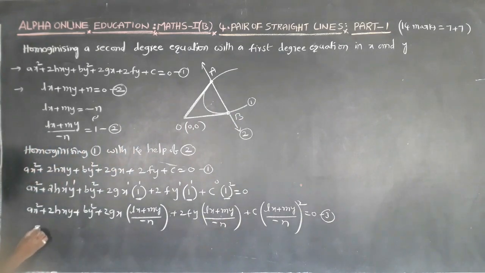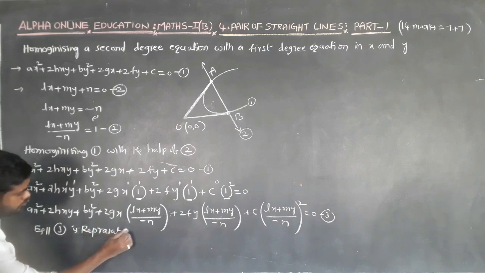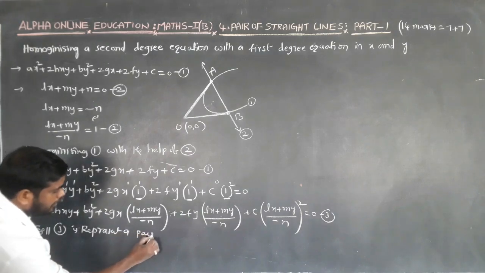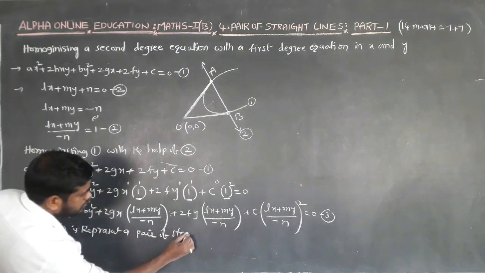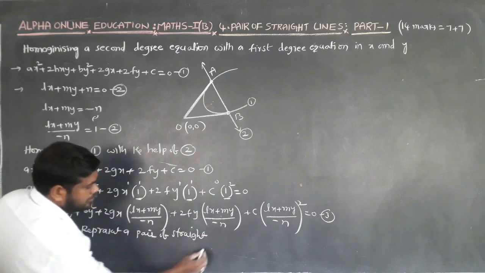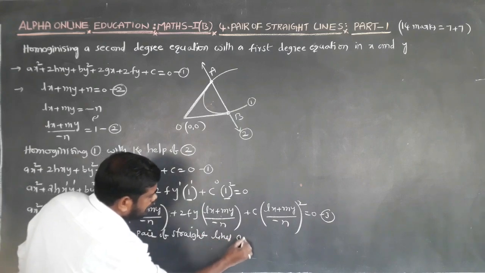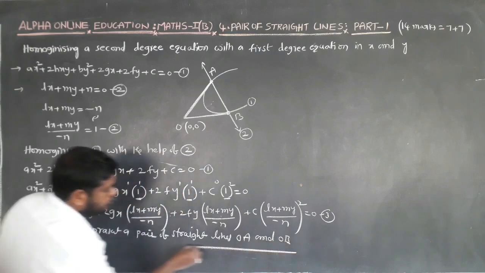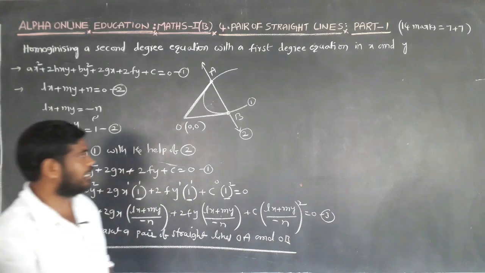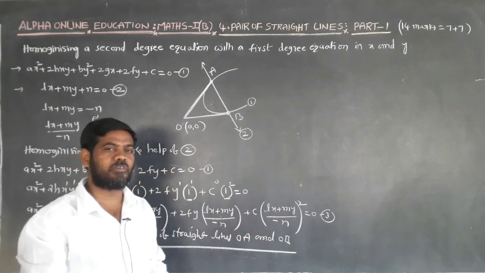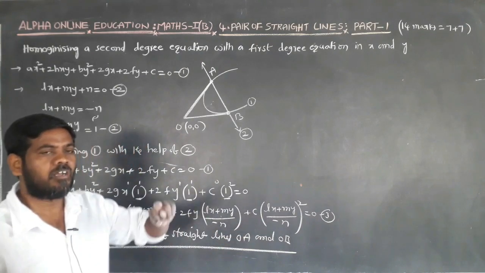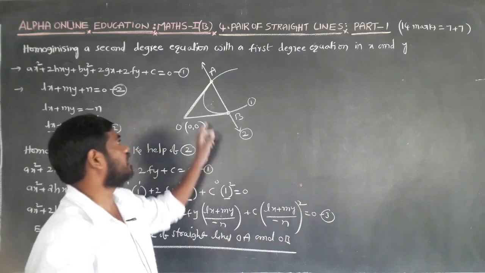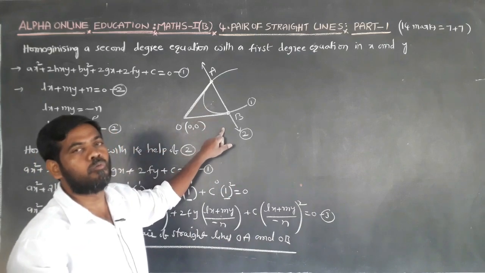Equation 3 represents a pair of straight lines, the pair of straight lines OA and OB. Equation 3 represents a pair of straight lines, the combined equation of OA and OB.